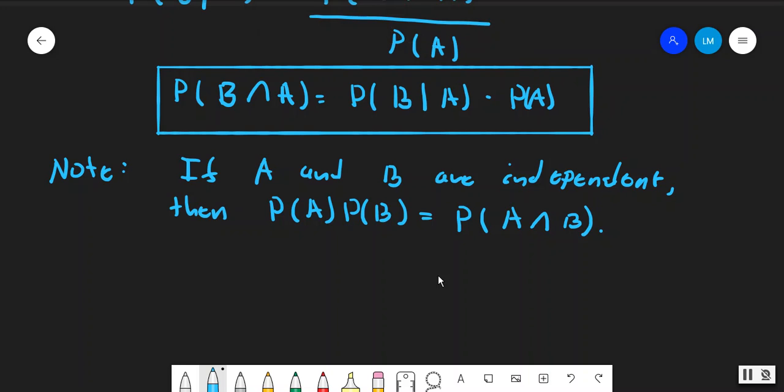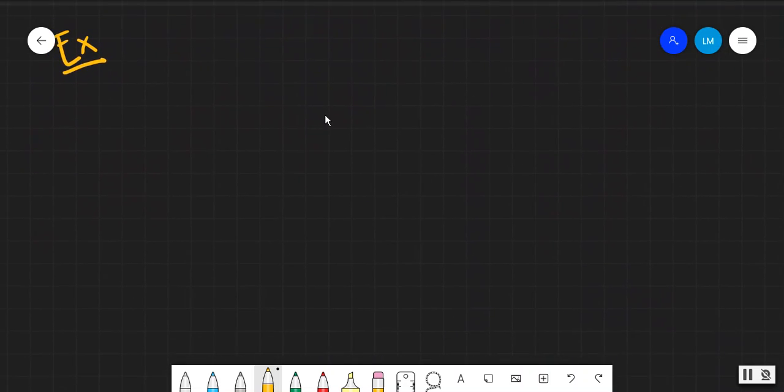This next example is a pretty classic problem. Let's say that a manufacturer of gym equipment happens to know that 10% of their items are defective.